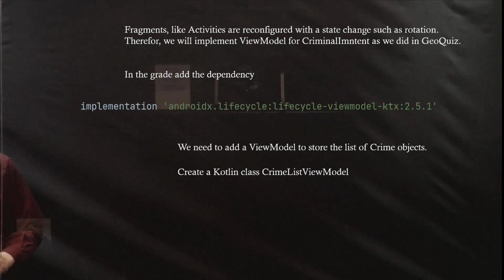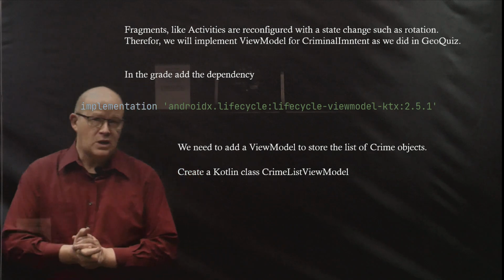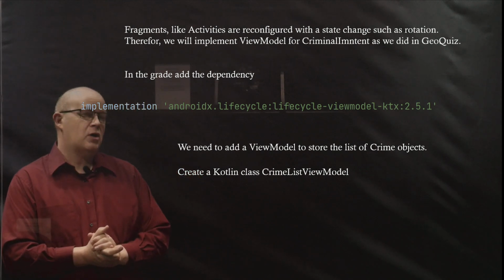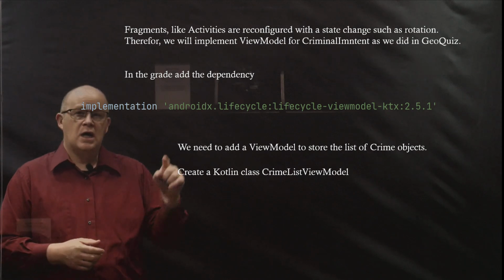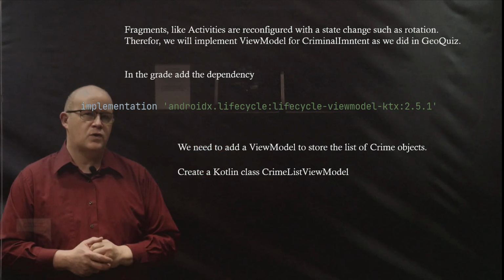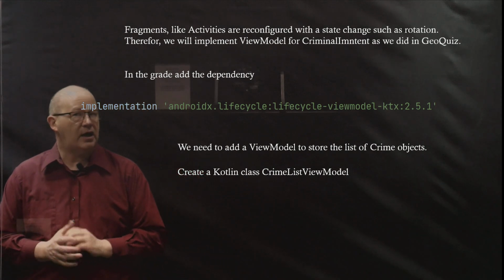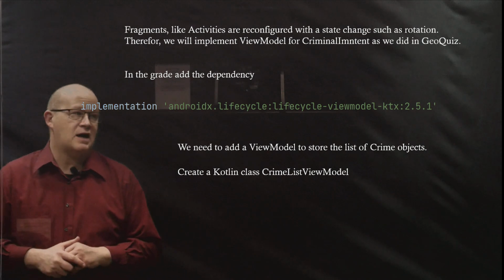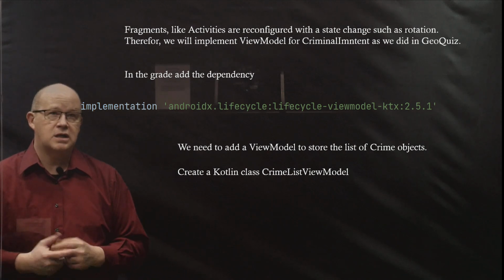Now, this is an old screen, so pay no attention to it. Right now I'm coding in Ladybug, but in the previous edition, Hedgehog, we didn't need to put in any changes in the Gradle for the view model. I noticed this by accident because I forgot to put this line of code in, started coding the view model, and it was working.